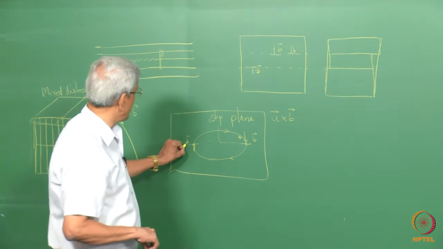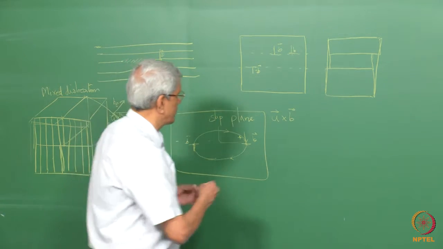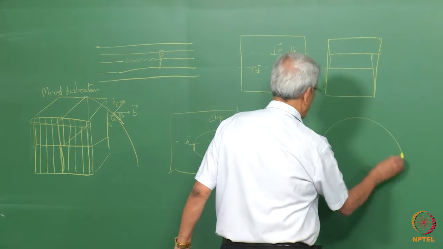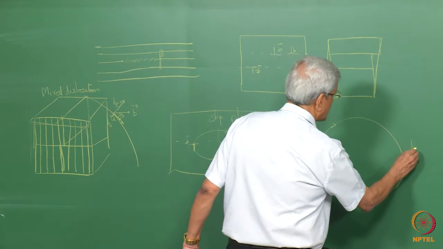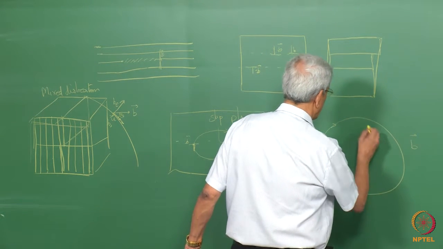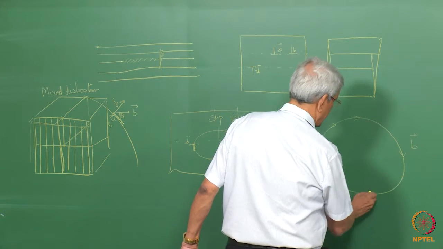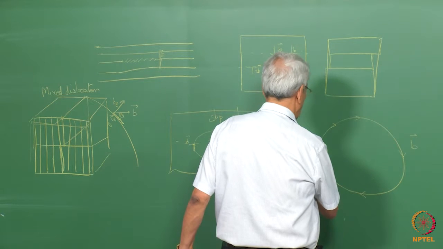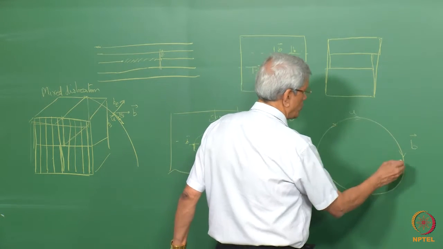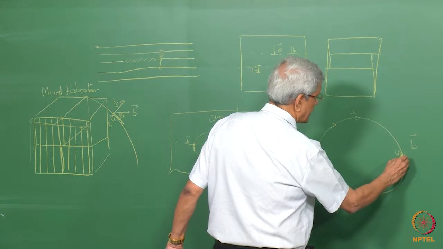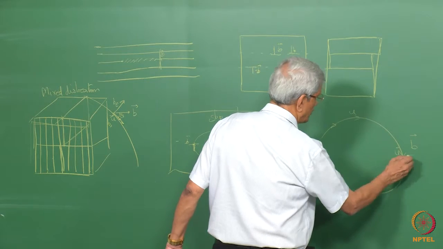So, when this sort of a dislocation loop forms, if the Burgers vector is in a specific direction, then with respect to the line direction, here the line direction and Burgers vector are perpendicular to each other.